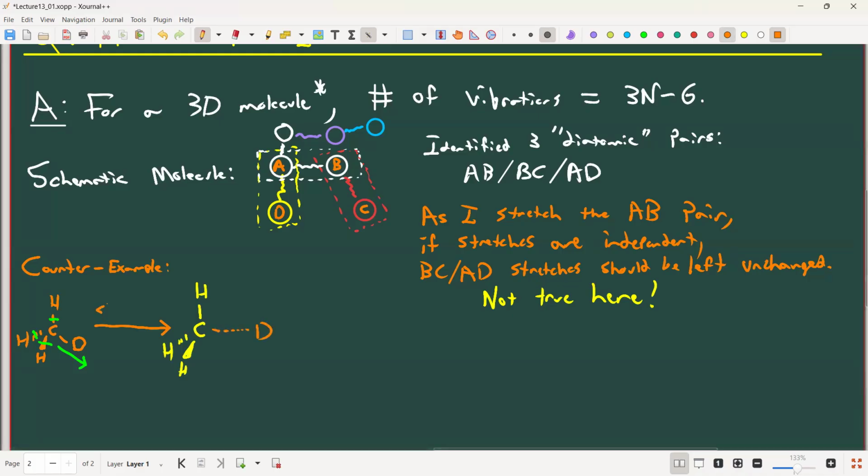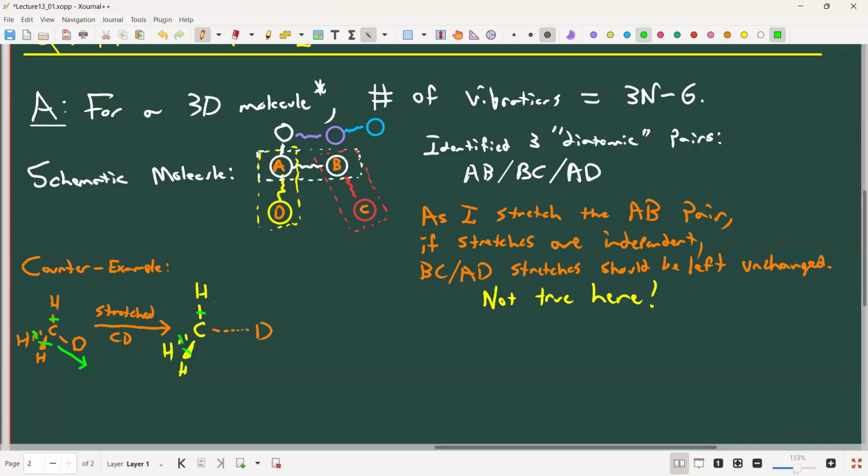I've stretched the CD. And the question is, are all of these equivalent still? Can I just think of that cleavage as the whole molecule just standing still, and I'm pulling that deuterium away from it?